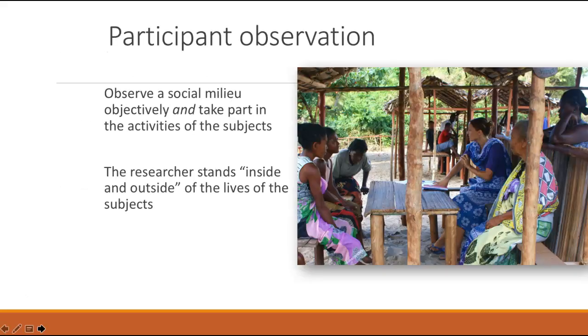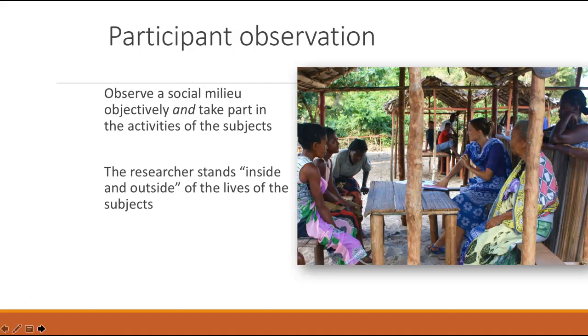One very important type of qualitative research is called participant observation. What this means is that the researcher both observes people in their setting and takes part in their activities. Often, participant observation research will involve a sociologist living or working with their subjects for an extended period of time.